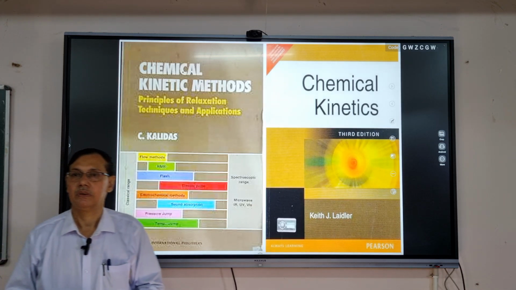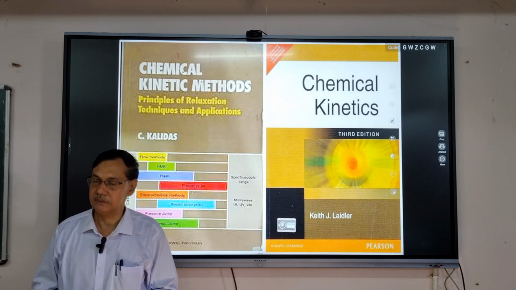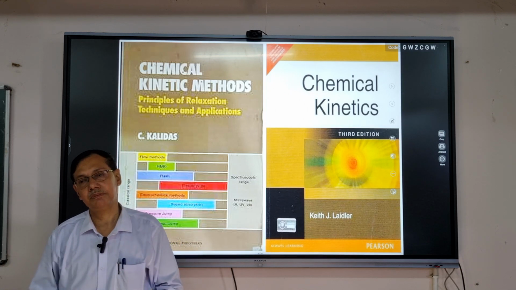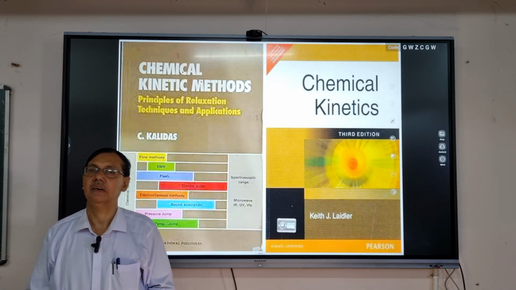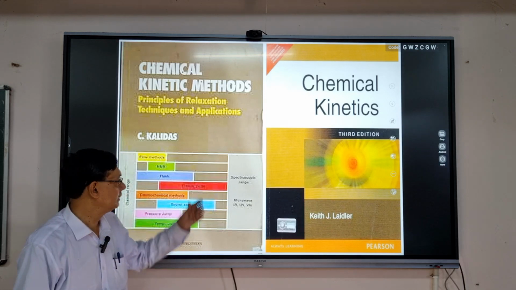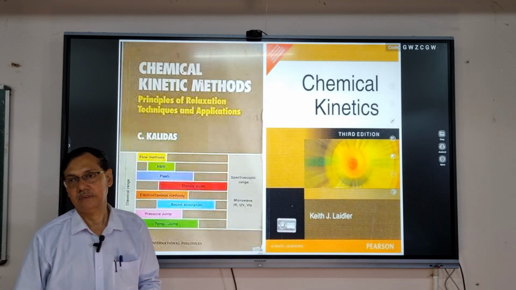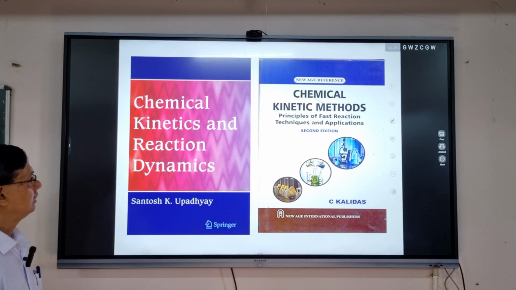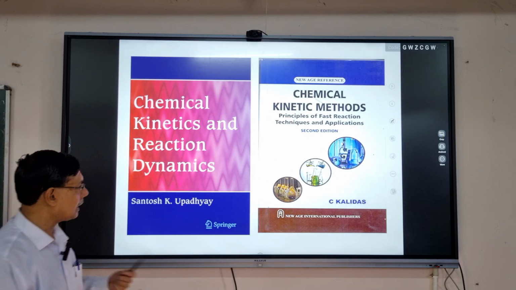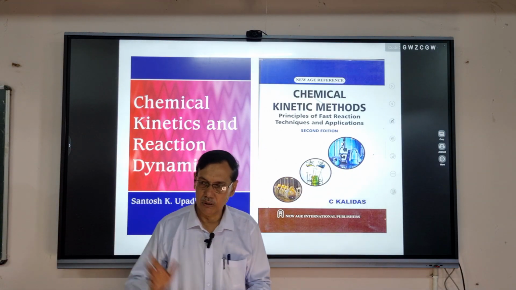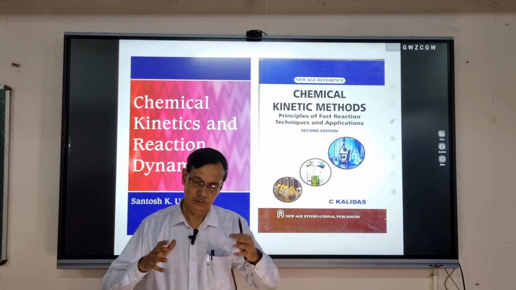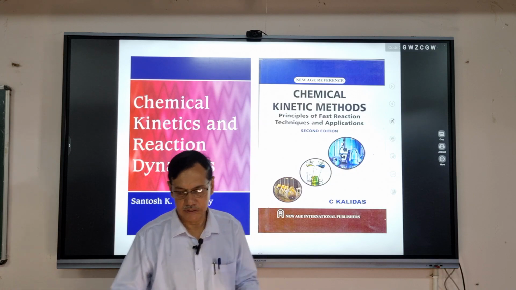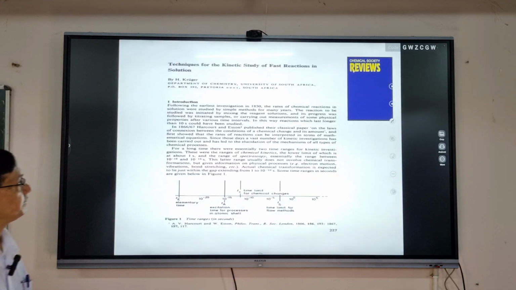He was a professor of IIT Madras, and fortunately he visited this department long back and delivered a series of lectures on fast reactions. So this book is very good. In addition, there are some monographs also available in our library. If you want to go into details of fast reactions, you can refer to all such books.